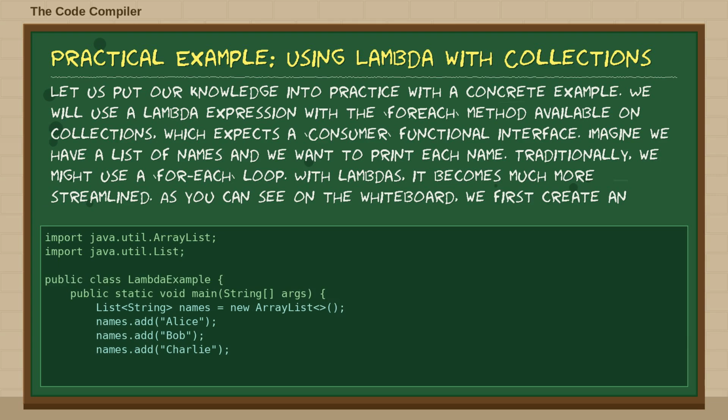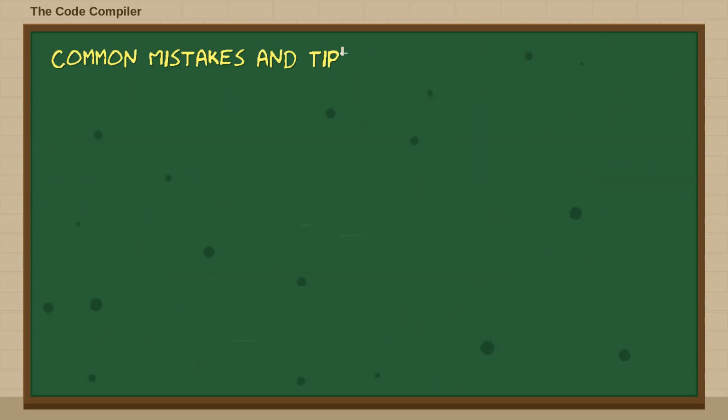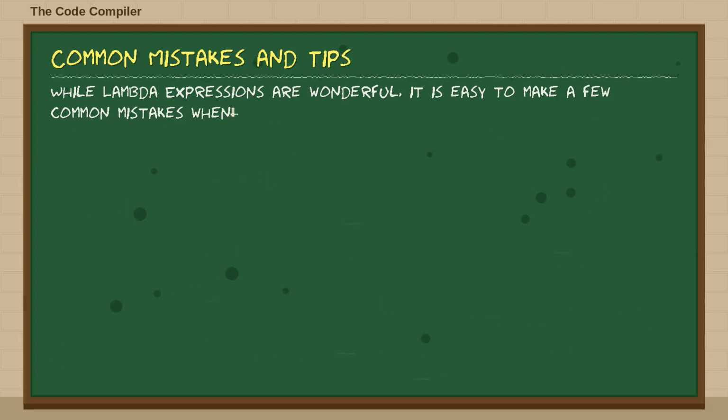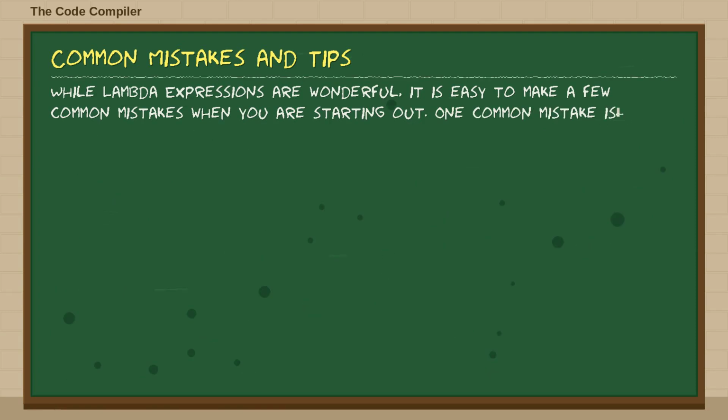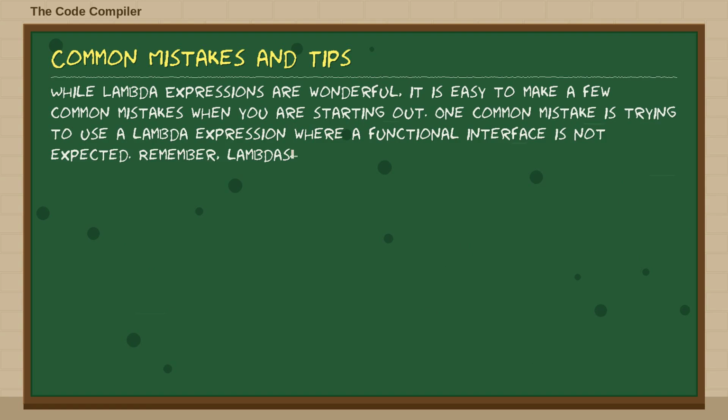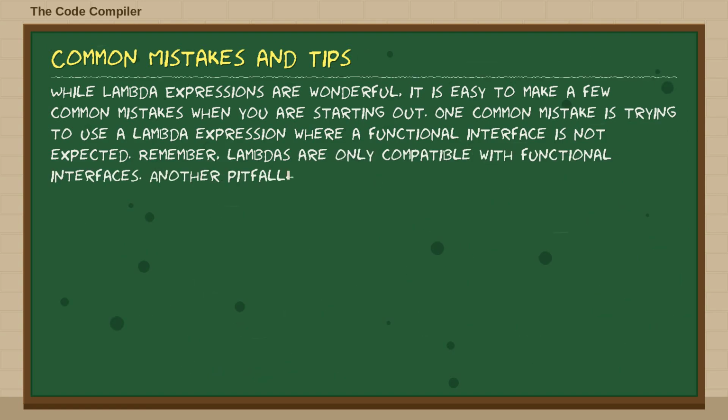While lambda expressions are wonderful, it is easy to make a few common mistakes when you are starting out. One common mistake is trying to use a lambda expression where a functional interface is not expected. Remember, lambdas are only compatible with functional interfaces. Another pitfall is writing overly complex lambda expressions.